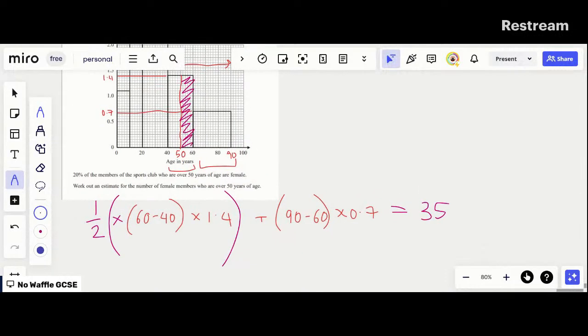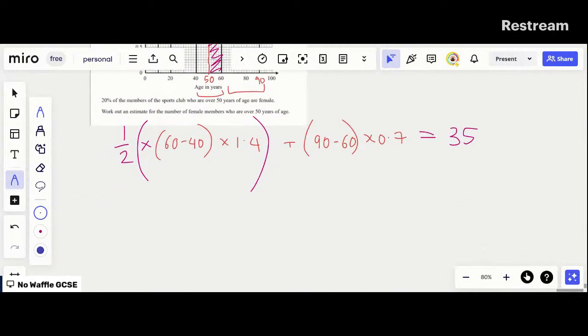So 35 is our estimate, and then we're told that 20% of them are female, so 20% of those women, so 20% of 35, and we get the answer 7.